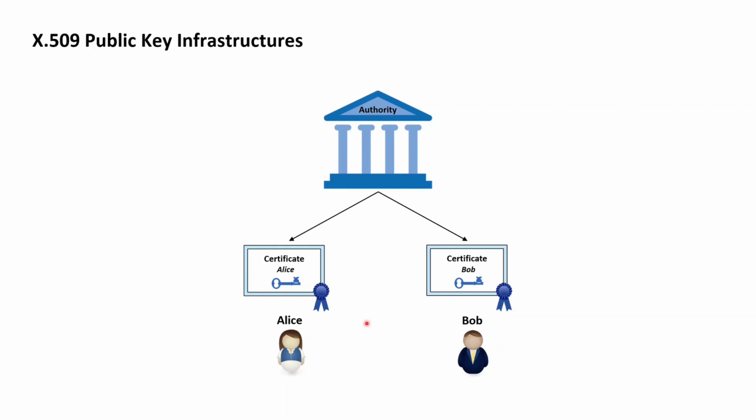The real challenge to solve is then for Alice to obtain an authentic copy of the public key of Bob, which she can get if Bob has his public key certified by a trusted PKI. If that's the case, Alice can take the certificate of Bob, verify it's a valid certificate issued by a PKI she trusts, and if so, take the public key contained in this certificate to ultimately encrypt the data for Bob.